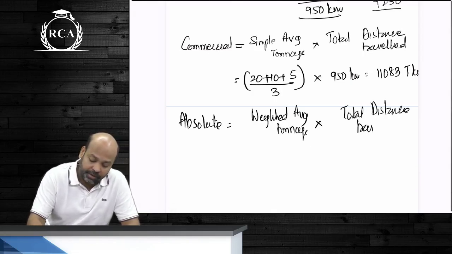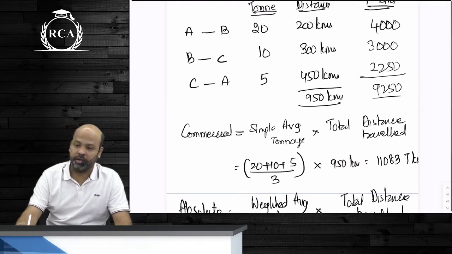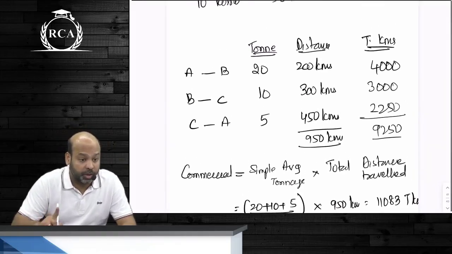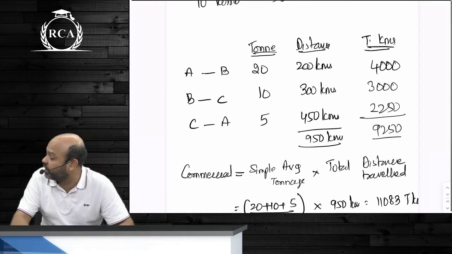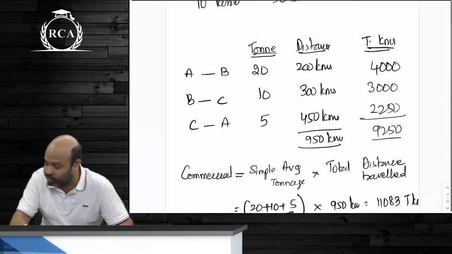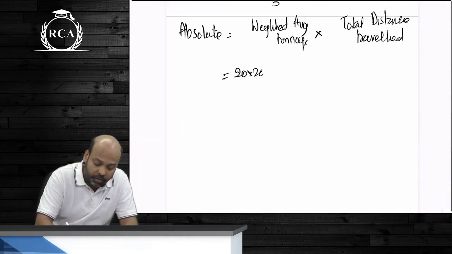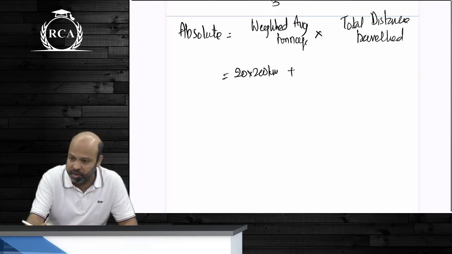Now in weighted average tonnage, weights should be there. The weights will be the respective distance traveled. We are still computing the average of tonnage, but to compute that average, the weights that we'll consider is the distance traveled. So I'll write 20 multiplied by 200 kilometers plus, you know how to compute weighted average?